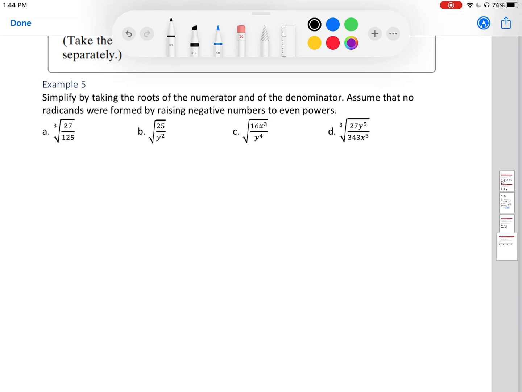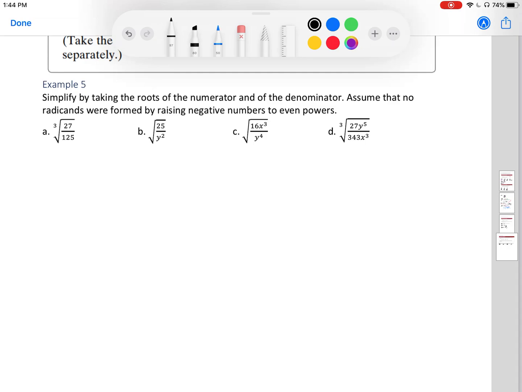Example 5. Simplify by taking the roots of the numerator. Assume that no radicand were formed by raising negative numbers to even powers. Meaning, assume all your numbers are positive. Alright, so let's go ahead and begin.